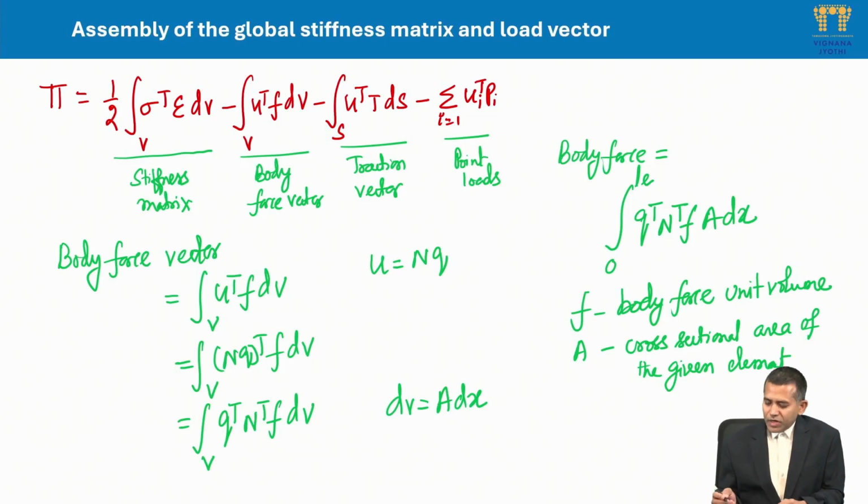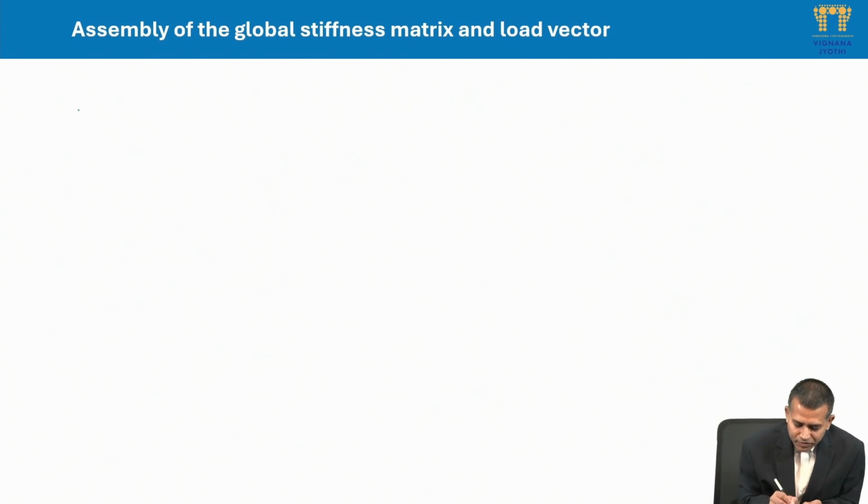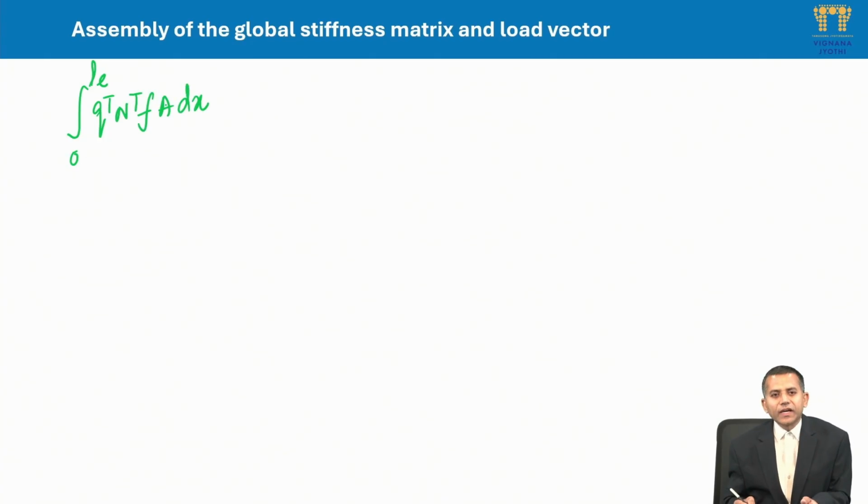Now we'll try to find what this N transpose is and substitute it. So we have this expression finally: integral 0 to LE of q transpose N transpose f A dx. Since f and A are constants, I can take them out.